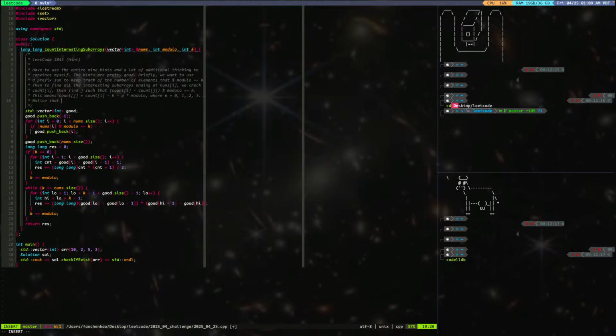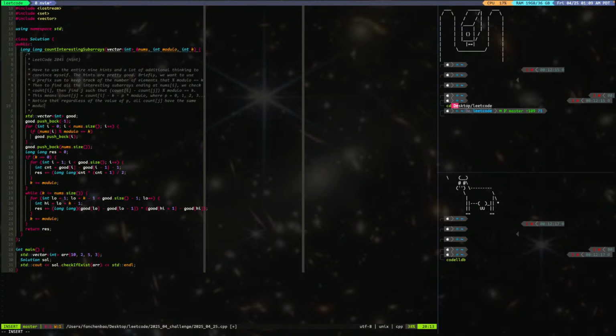Notice that regardless of the value of p, all count j have the same modulo remainder, which is count j minus k plus modulo. Right, they all have this characteristic.